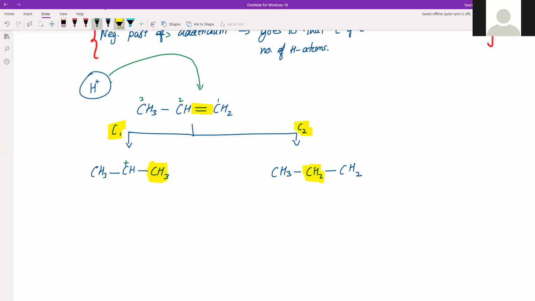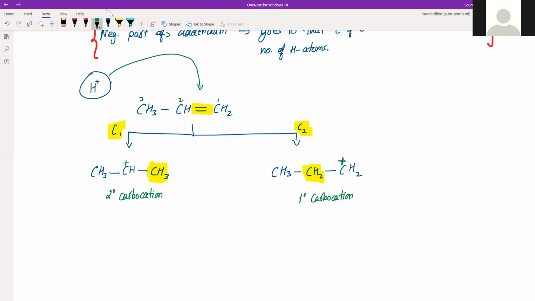So obviously now this carbon will have a positive charge. So now there are two carbocations. Out of these two carbocations, this is a 1 degree carbocation, and this one is 2 degree carbocation.